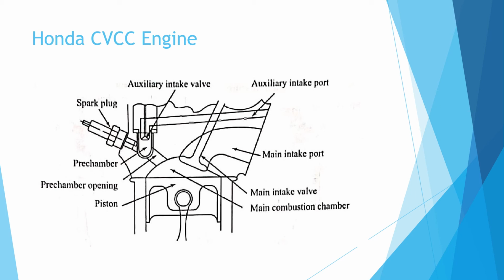The smallest venturi of the three-barrel carburetor supplies a rich mixture to each pre-chamber. The other two venturis supply a very lean mixture to the main chamber. The conventional ignition system and the spark plug are used to initiate the combustion.